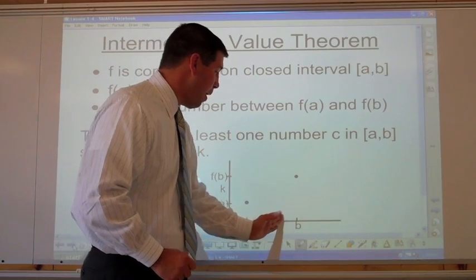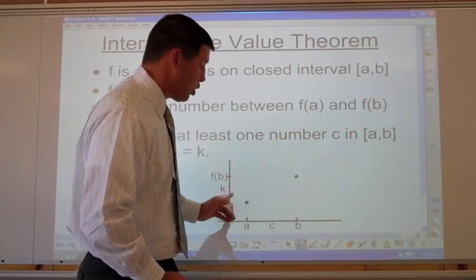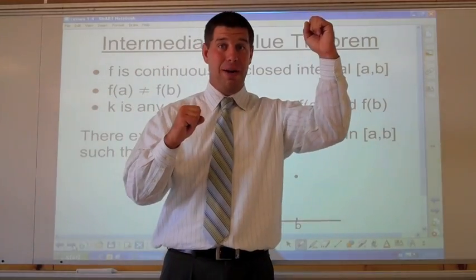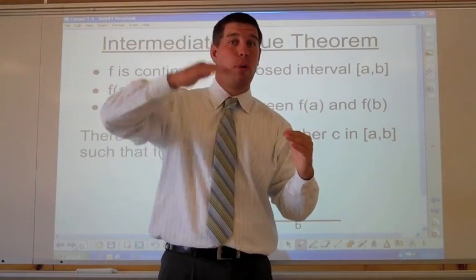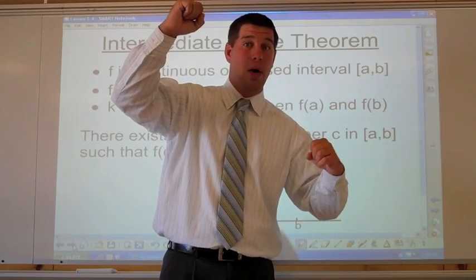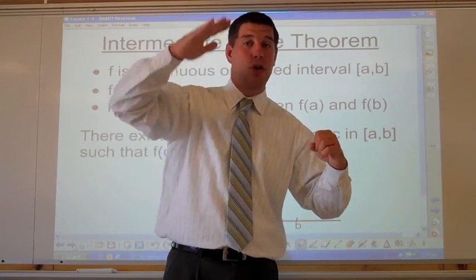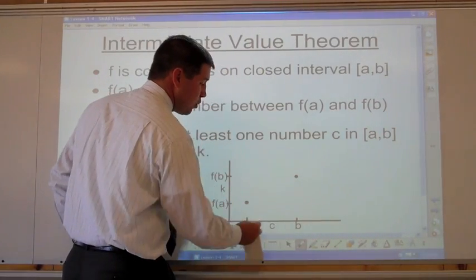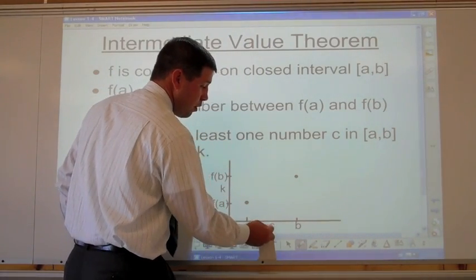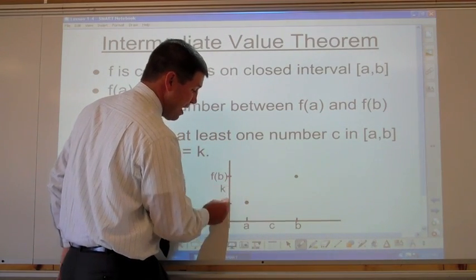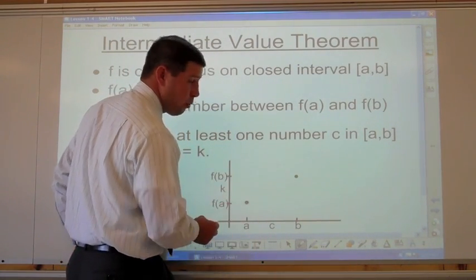There has to be somewhere where the height of the function is exactly k. You can't get from here to here without going through every point between them. Or you can't go from here to here going down without getting through every y value between those two. So you pick any value in here, the function has to equal it somewhere.